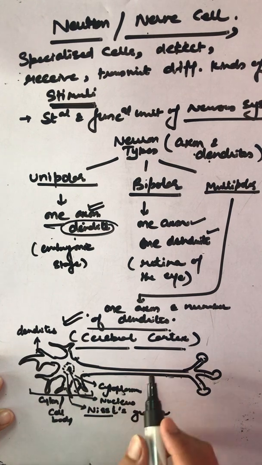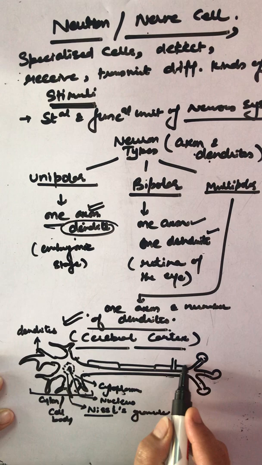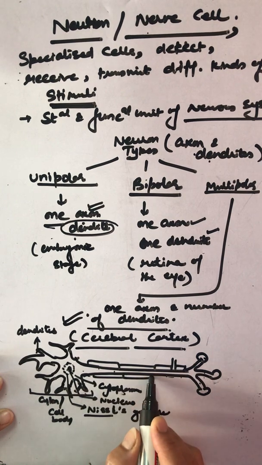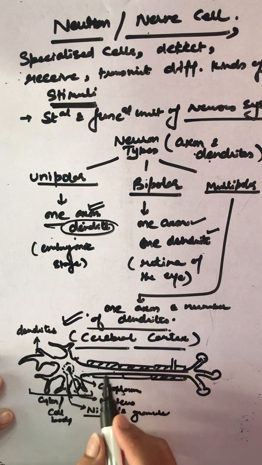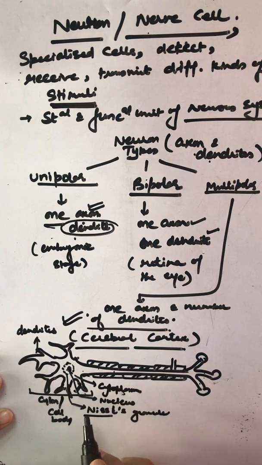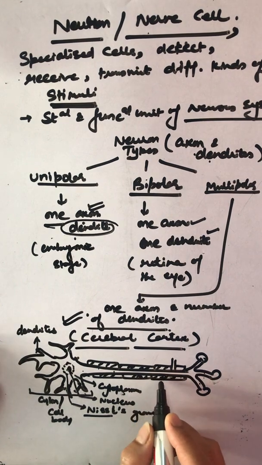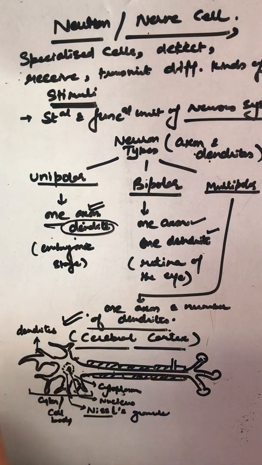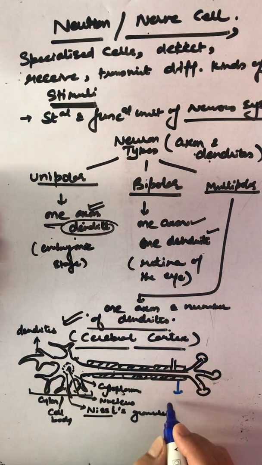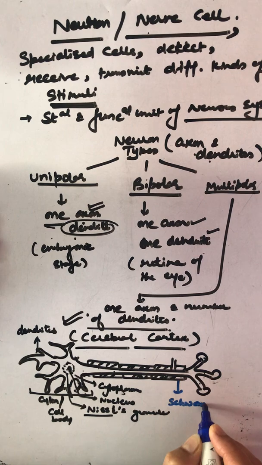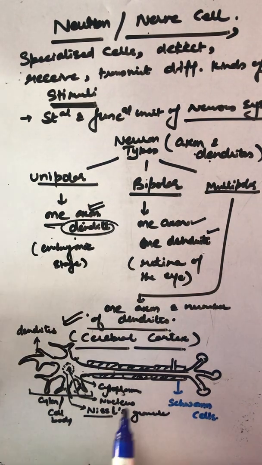Okay, so here this long tubular area is known as the axon, which is enclosed by a myelin sheath. Why? So that the message remains protected and is not destroyed. And in between the myelin sheath, there are special cells known as Schwann cells.